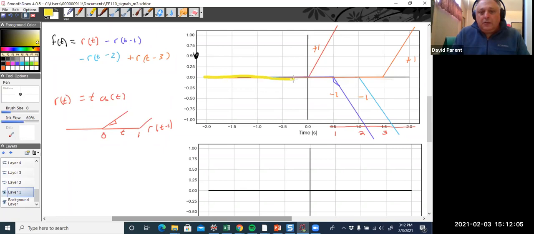So 0, 0, 0, only the first ramp is active. But then at time equals 1, the two slopes cancel out. Then at time equals 2, it'll keep going down, and it would do this forever unless we added this last slope back in. And that means we have a trapezoid.